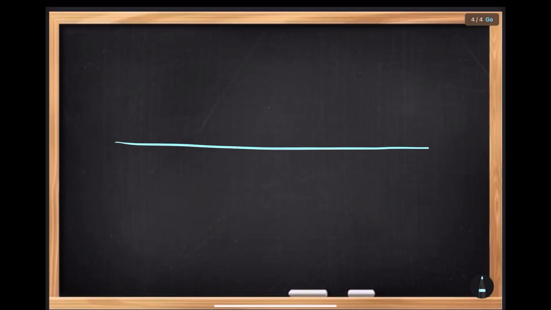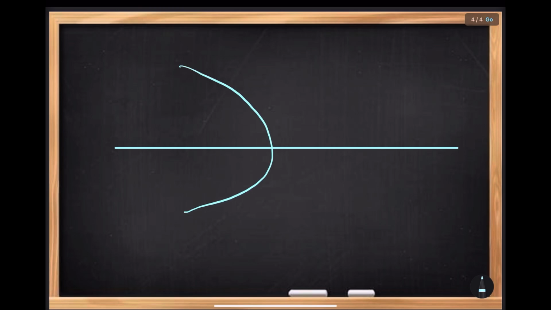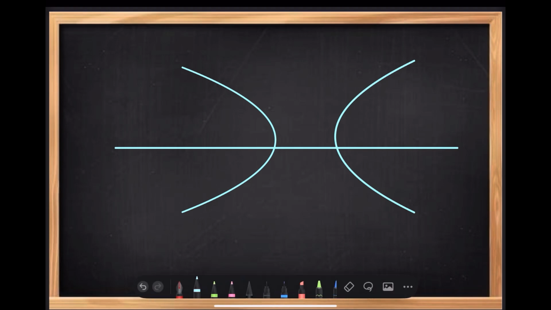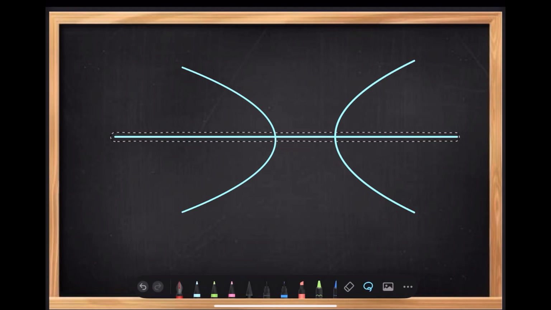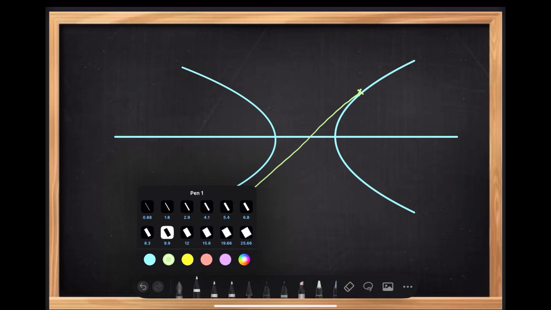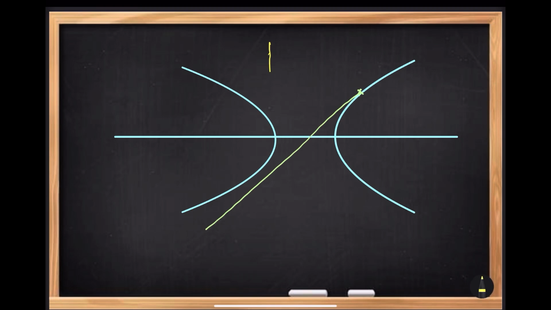Now suppose that we have this hyperbola. Now the idea is, let's drop any tangent. Now this tangent will touch the tangents at the vertices.